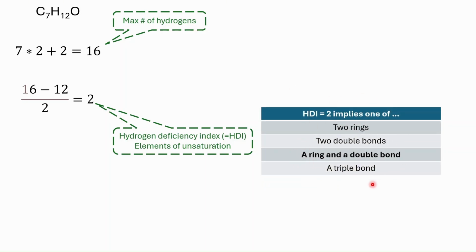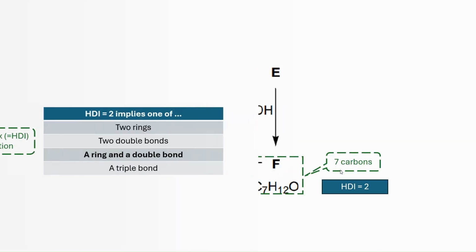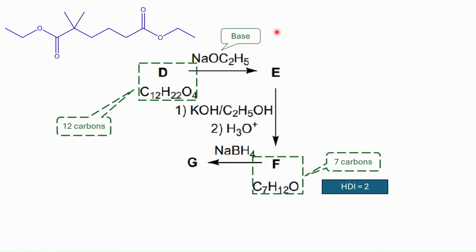Now having HDI calculated, let's see how it can help us. Since we are using a base on D ester here, followed by decarboxylation conditions, we can propose a Claisen condensation here. And HDI of F helps us a lot, since we know that we should have 2 elements of unsaturation. Indeed, intramolecular Claisen condensation will yield a ring.